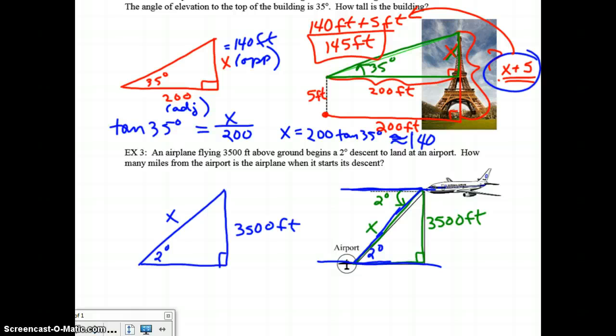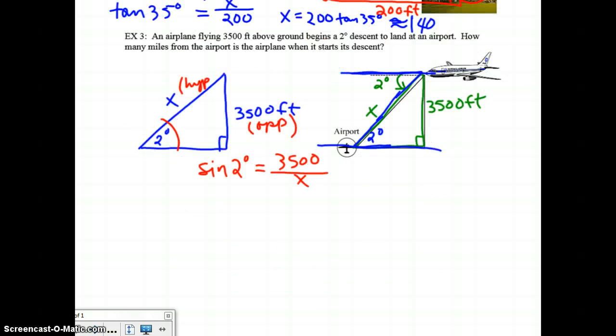So I have the opposite side, the hypotenuse, and my angle. Opposite and the hypotenuse is sine. So sine of 2 degrees is the opposite side, which is 3,500, over the hypotenuse of x. I'm going to use my little trick here, the little 1 under sine, and find the reciprocal. So that's 1 over sine of 2 degrees is equal to x over 3,500.